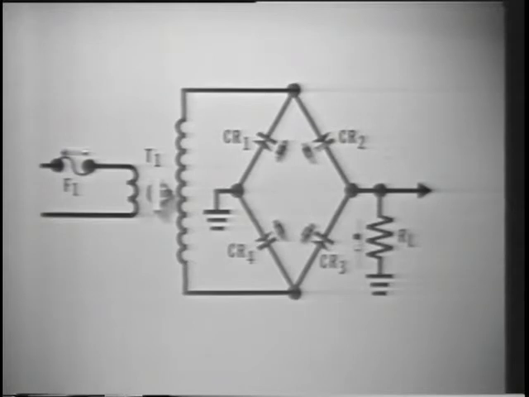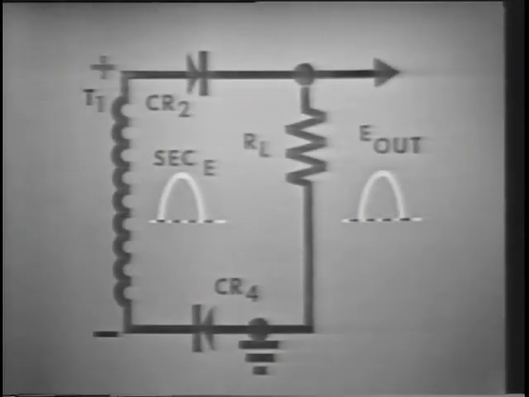This, of course, was the bridge rectifier's chief advantage over other rectifiers. Because the load is always switched in parallel with the secondary, the peak secondary voltage, the peak output voltage, and the peak inverse voltage are all the same in the bridge rectifier.